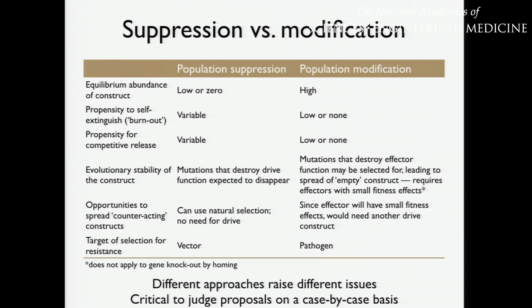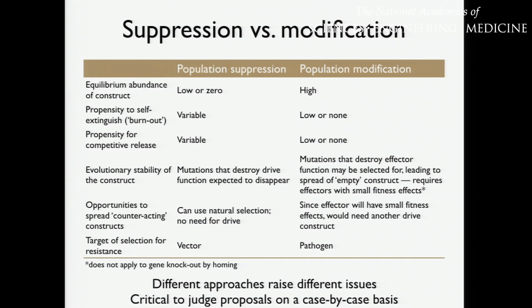In terms of the evolutionary stability of the construct, think about what's going to happen once you release something, when mutations arise in that construct which affect its functioning. With population suppression, if you get mutations that destroy the drive, destroy the homing, or destroy the sex ratio distortion, those mutations are expected to disappear and not accumulate.